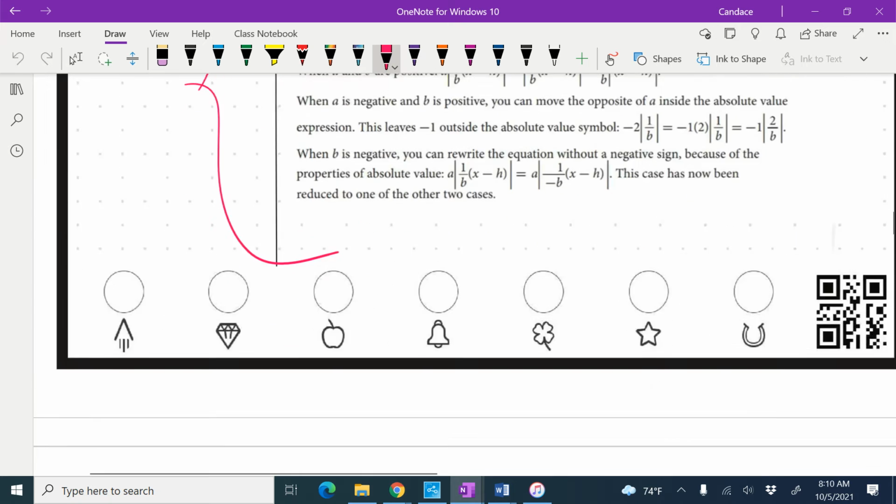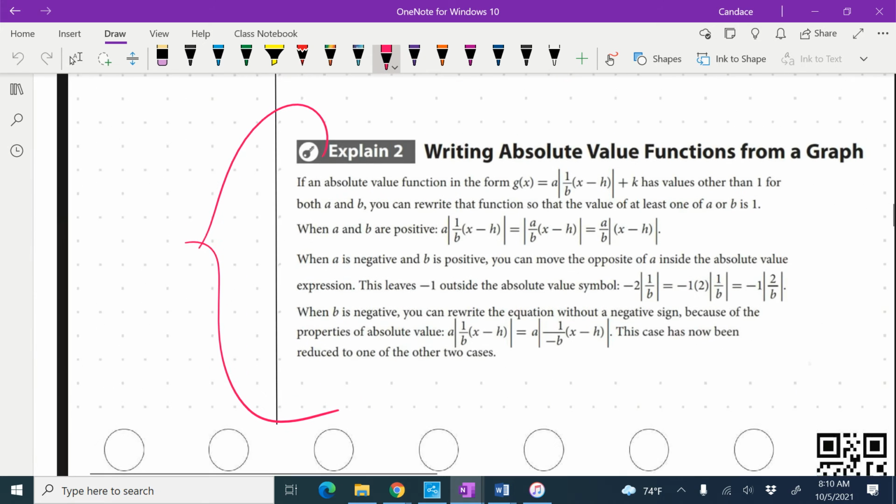Give you about 30 more seconds to read. Okay. I've let you skim it over.